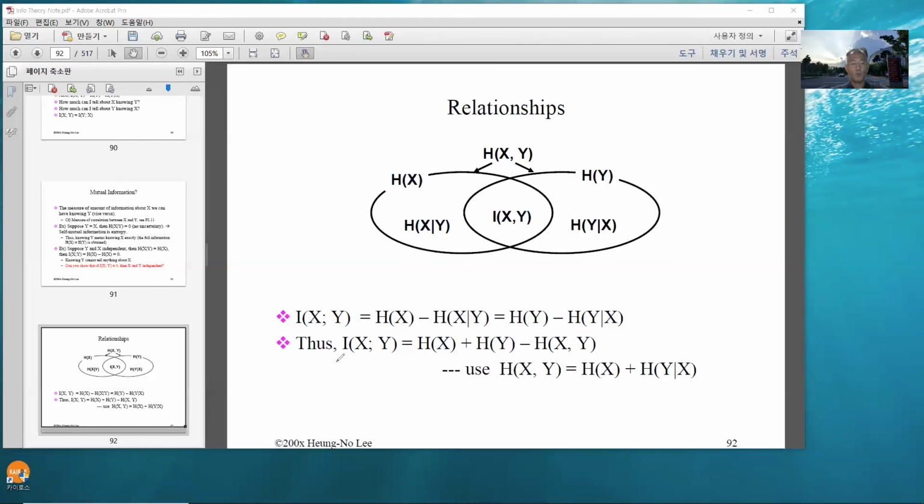So in order to find that part, you add the two and then subtract this, then you have this one left. So this is a useful diagram so that you can memorize this relationship.